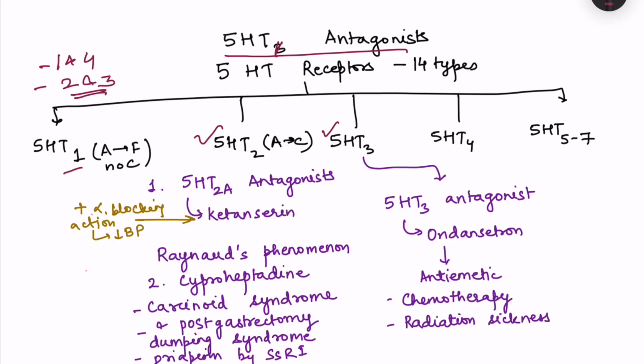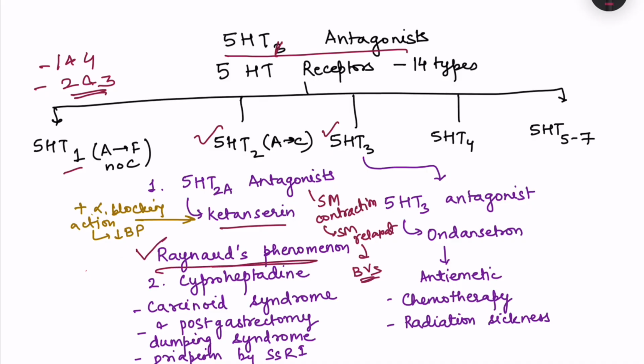So 5-HT2 antagonist we have ketanserin. Ketanserin is a 5-HT2A antagonist. We have seen 5-HT2A responsible for smooth muscle contraction. So if this drug is given, it will cause smooth muscle relaxation, and especially smooth muscle relaxation of blood vessels we are talking here. So this ketanserin is used in Raynaud's phenomenon.